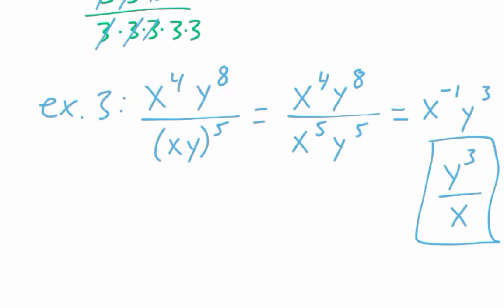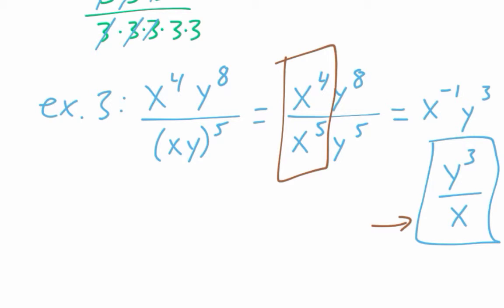Here's where I feel like I should teach it this way. This should kind of be your default way, so come back to this if I'm confusing you. But here's what I do, quite honestly, to skip this middle step. I look at my x's. Are there more in the numerator or denominator? Denominator. How many more in the denominator? So when they cancel out, you're going to end up with 1 in the denominator. So there's 1 extra there.